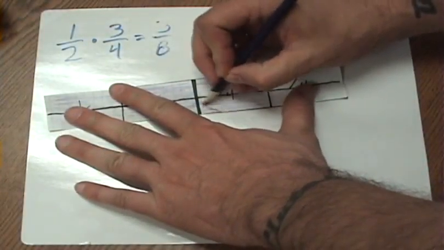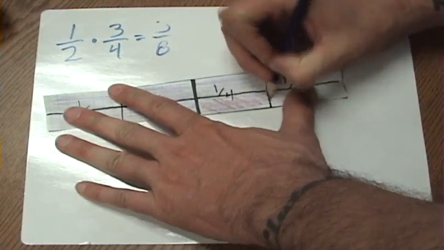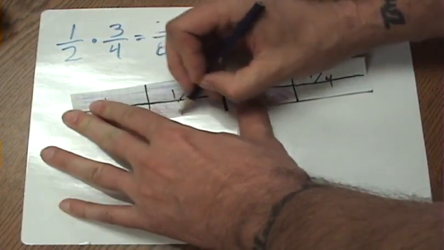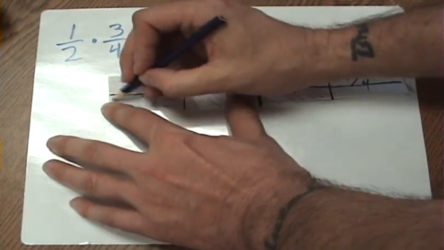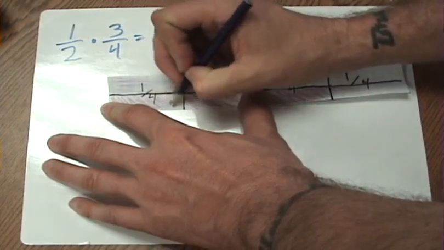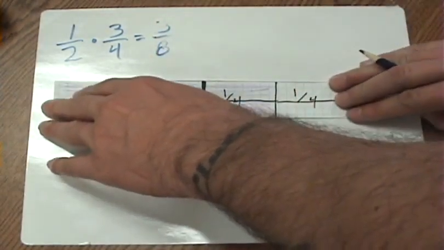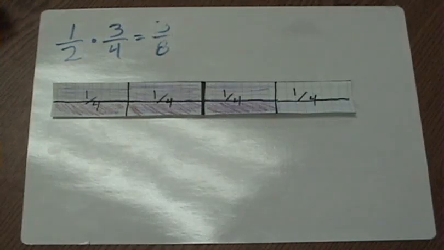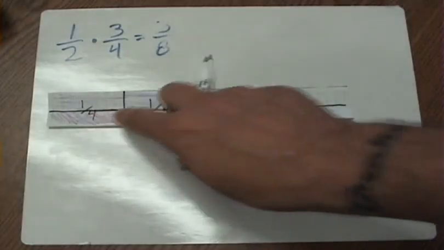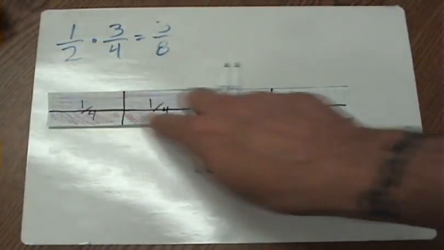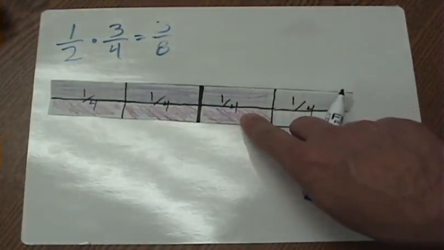If we only count the ones that have been double shaded, which is 1/2 of the 3/4 that we had previously shaded, we see that out of the 8 sections, 3 sections are double shaded.